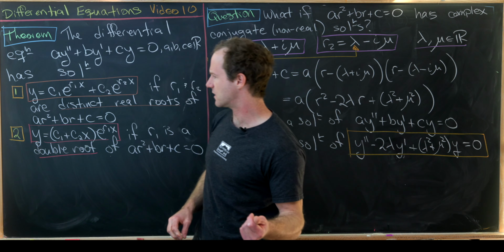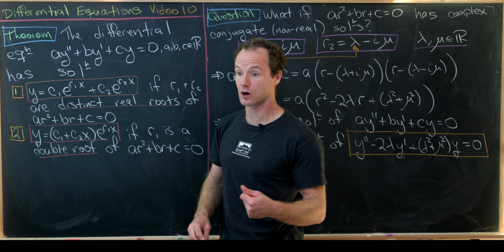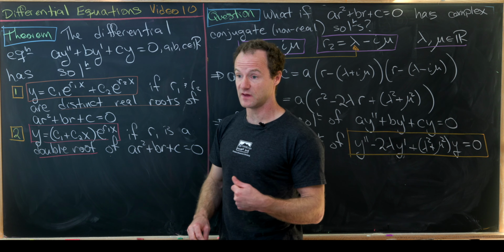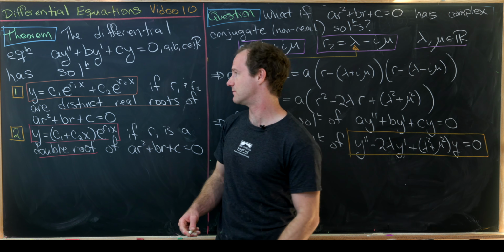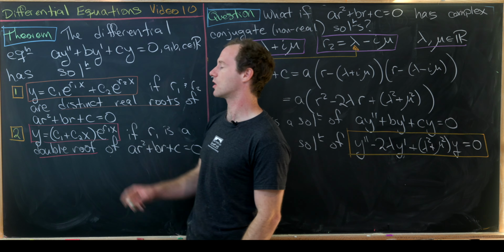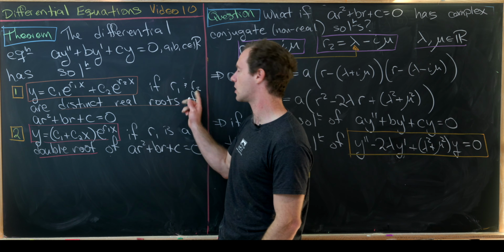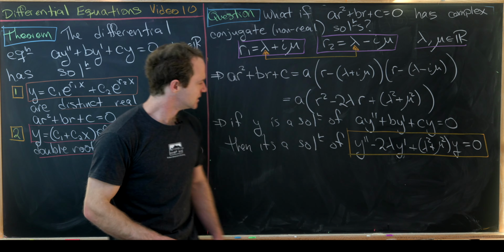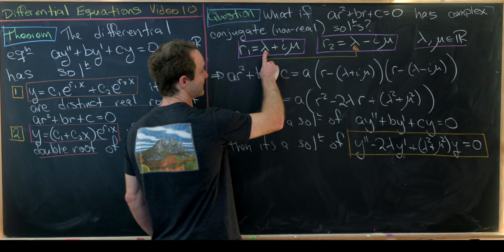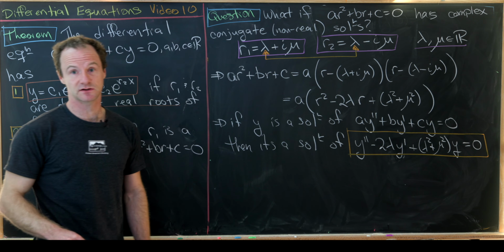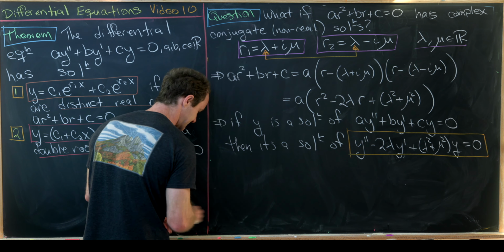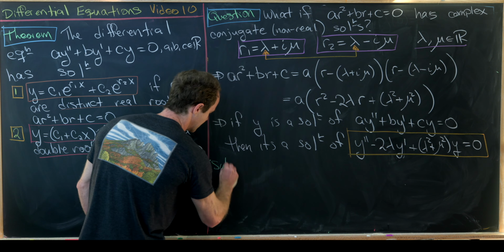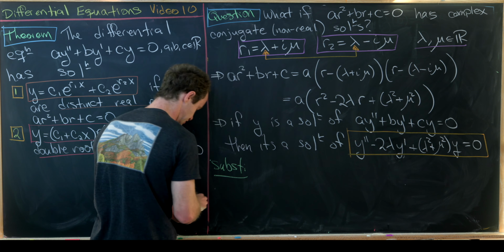And we know that if the roots are all real, then the solution is given by the exponential function defined by that root, e to the r1 x, e to the r2 x, where r1 and r2 are roots. So I think that, along with the fact that these lambdas are the real parts of these roots, motivates the following substitution.